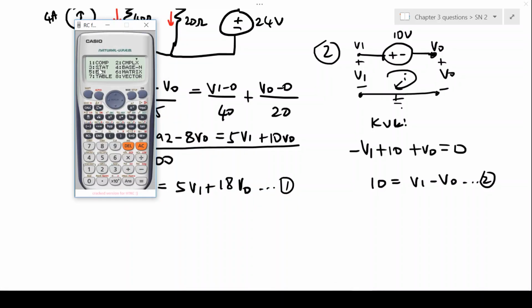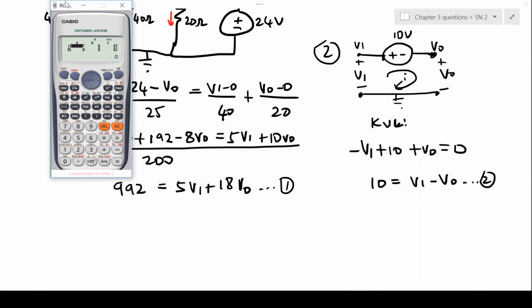So we will go to equation mode, select the linear equation, and insert our coefficients. The first set of coefficients is 5, 18, and 992. And the second set of coefficients is 1, minus 1, and 10.